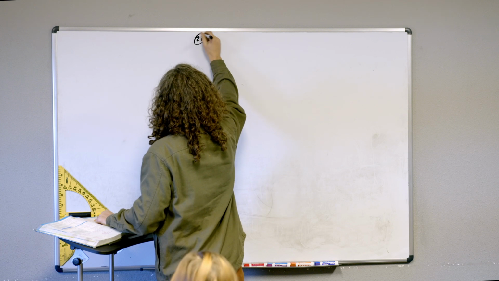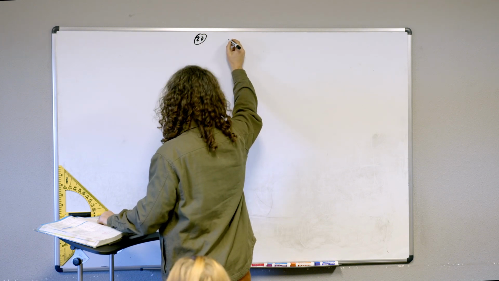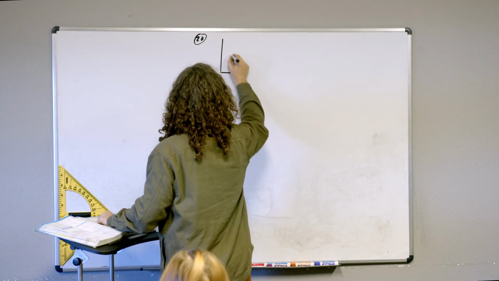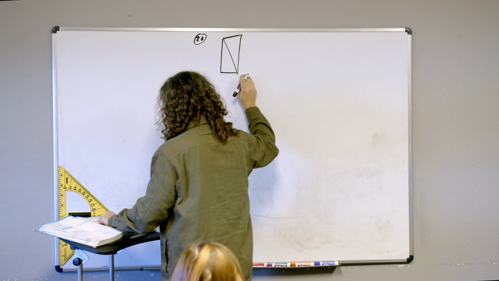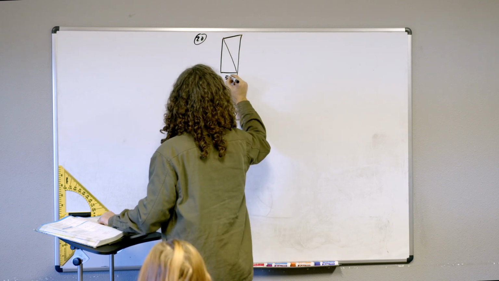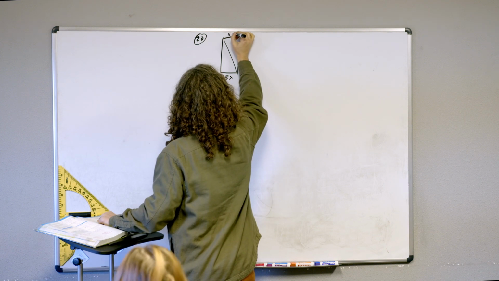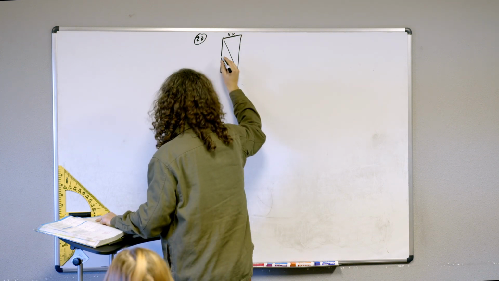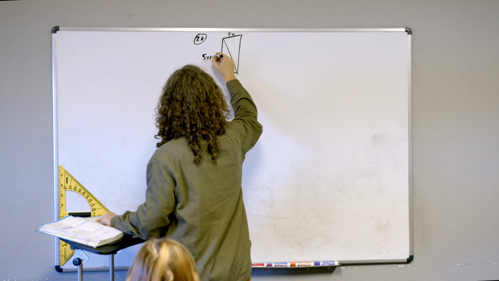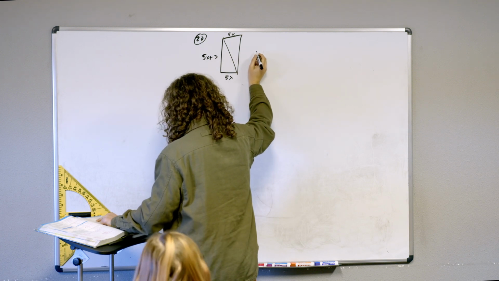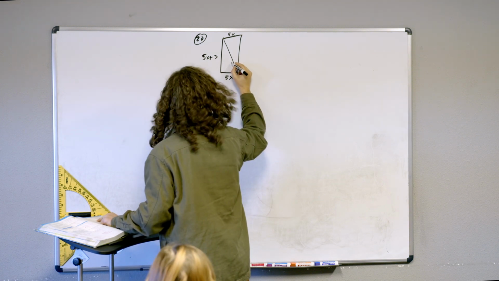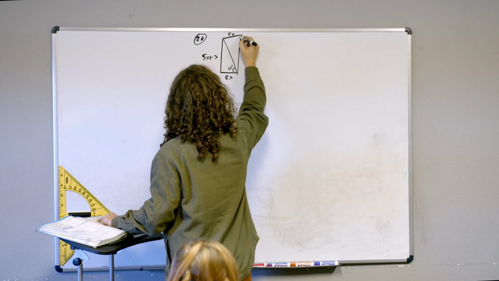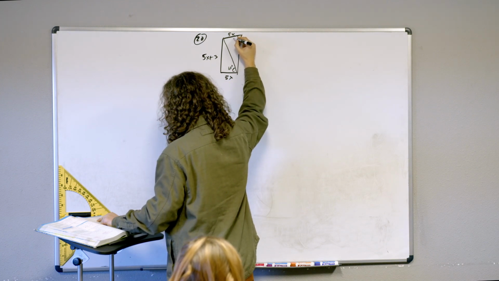Number 20. We've got this attached to this. And this side is 5x, and this side is 5x. This side is 5x plus 3. And this is 60 degrees, and this is 95 degrees.